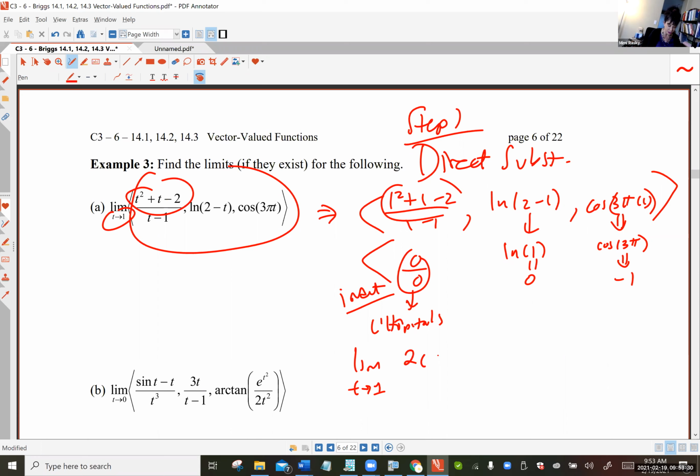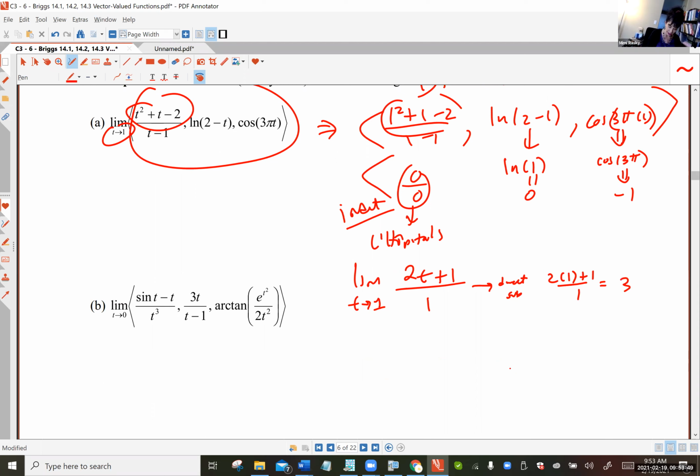So I get 2t plus 1. And divide that by the derivative of the denominator. So the derivative of t minus 1 is 1. And then do direct sub. Try it again. Okay. What do I get here? Ooh, I get a nice answer, 3. So what is our final answer for letter A? The limit does exist. And the answer is this lovely vector. It's a constant vector. Constant vector because it's got nice constant components in it.